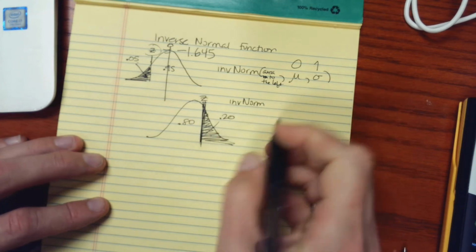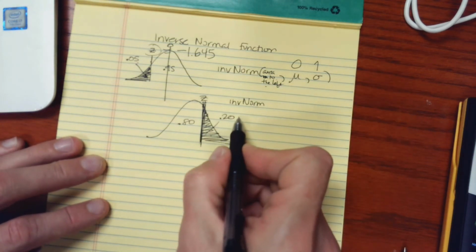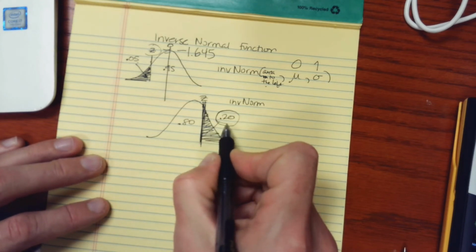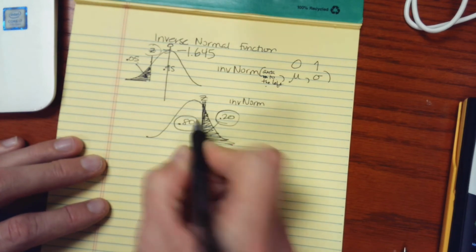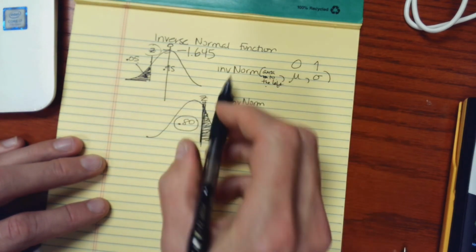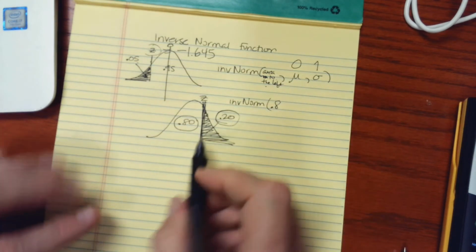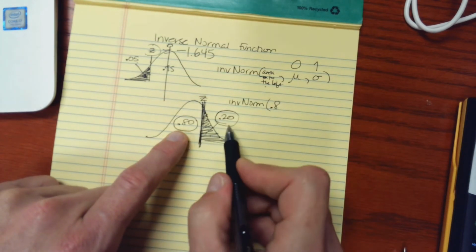Now, because my calculator is set up for area to the left, even though I originally phrased the question in terms of the top 20, I'm going to rephrase it in terms of the bottom 80. Because my calculator wants area to the left, I'm going to use 0.8. But notice it's the same line that separates the bottom 80 from the top 20.